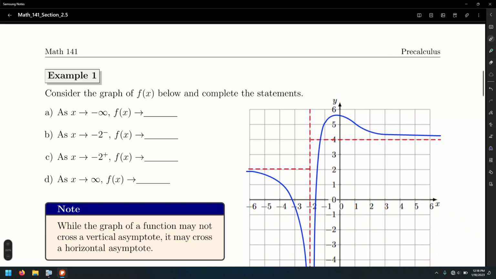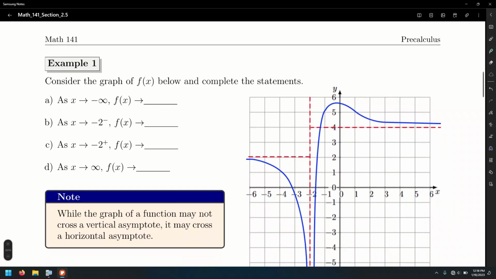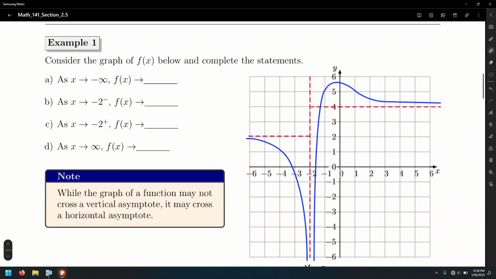A very important note that I typed over here is that the graph of a function may cross its horizontal asymptote, but it never crosses a vertical asymptote, all right? We can see that here: this graph is crossing its horizontal asymptote, but it's never touching the x value where the vertical asymptote is located. Just a distinction in this case.